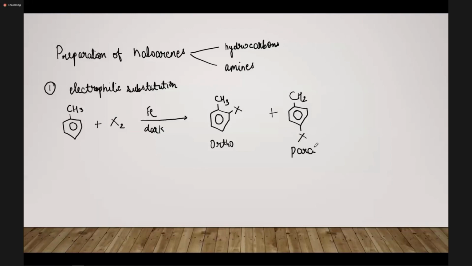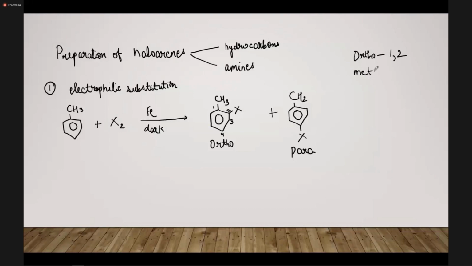Okay. So why are we writing ortho? Because CH3 is attached here, no? So we will call this carbon one carbon, this will be 2 carbon, this will be 3 carbon, this will be number 4 carbon, and so on. Ortho is when two substituents are attached to the benzene ring in adjacent positions, that is 1 and 2.